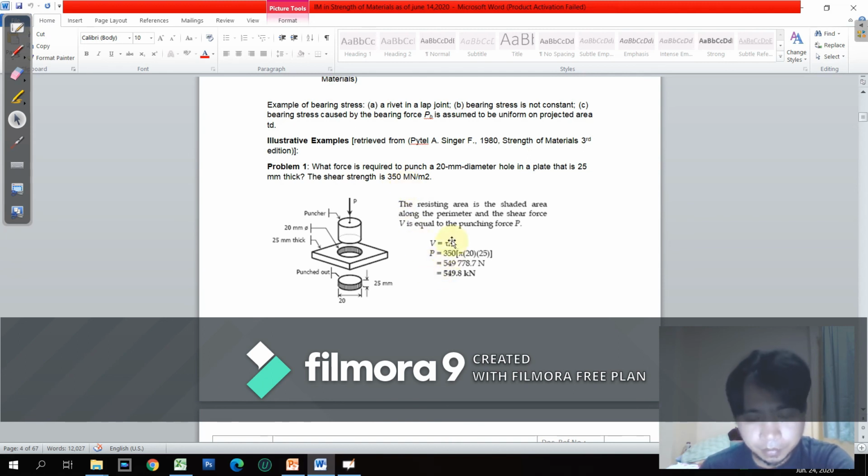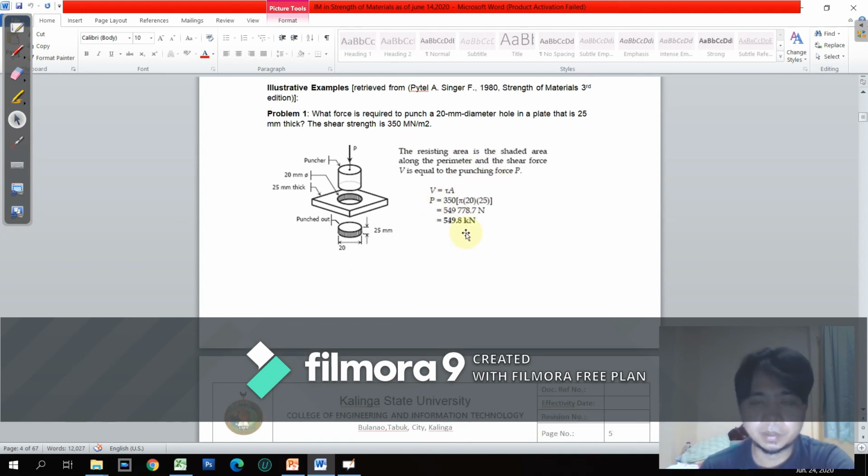So in this solution, of course, simple formula. Tau is equal to V all over A. So we have here the allowable, 350 is the allowable or the tau here, and then what is the shear area?